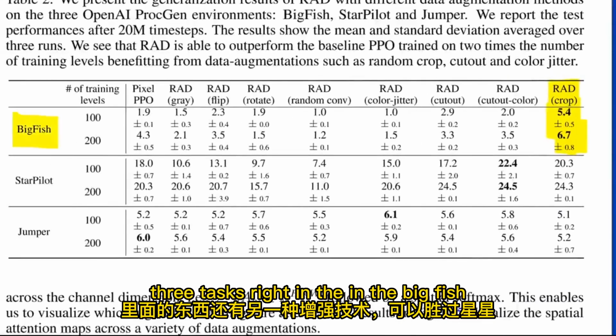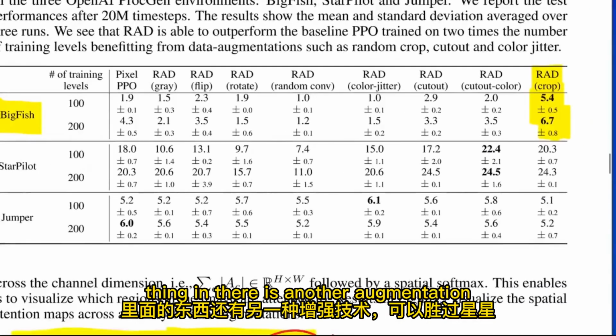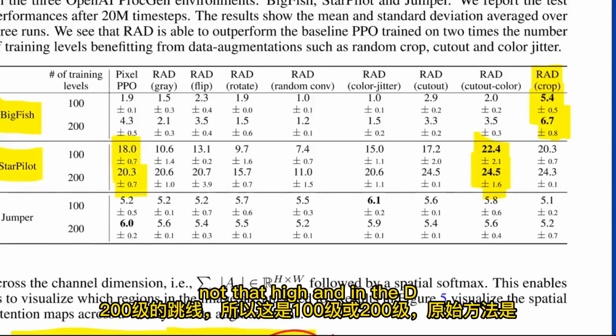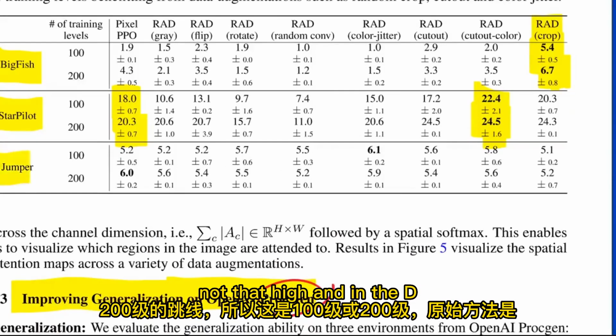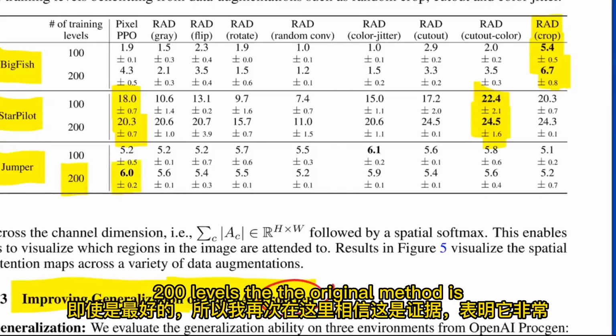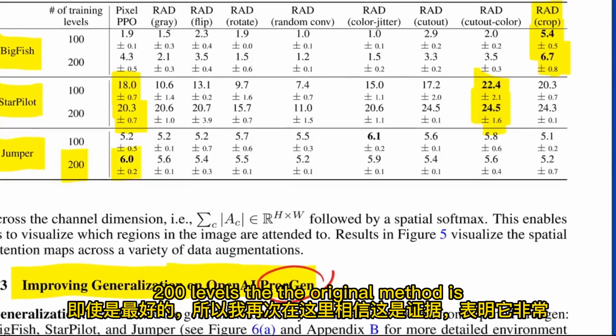In the Big Fish thing. There is another augmentation technique here that wins at Star Pilot, but you can see the difference is not that high. And in the jumper, with 200 levels, the original method is even the best.